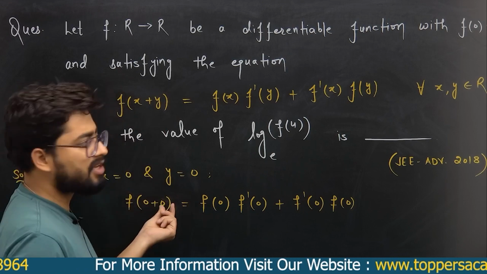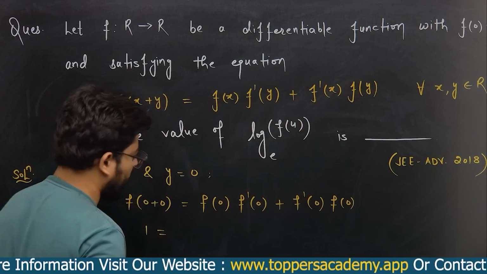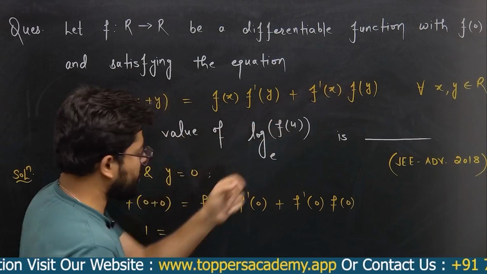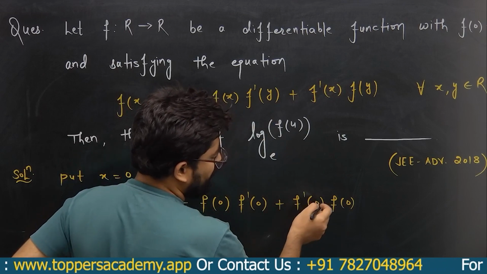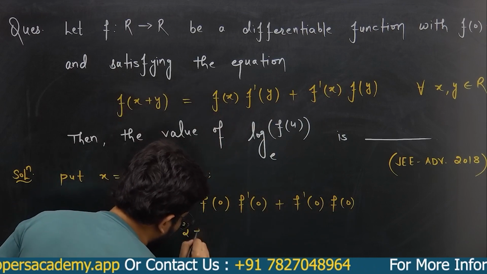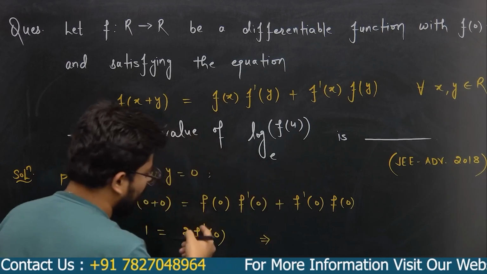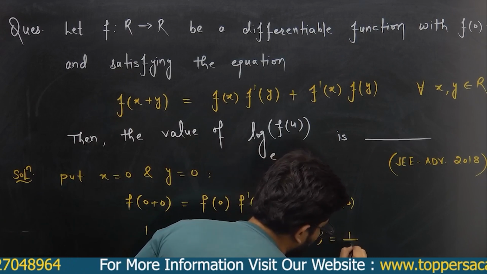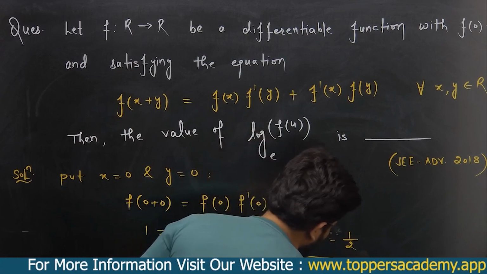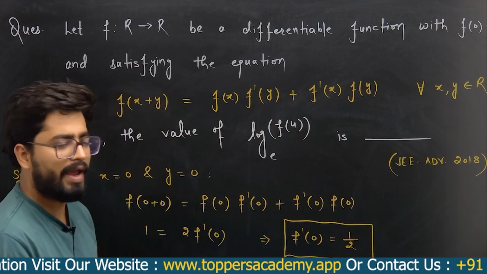Now f of 0 plus 0 is f of 0, and f of 0 is 1, we are given this. So 1 is equal to f dash 0 into 1 plus f dash 0 into 1, that is 2 times f dash 0. So from here we can find the value of f dash 0, that's important information: f dash 0 is equal to 1 by 2.